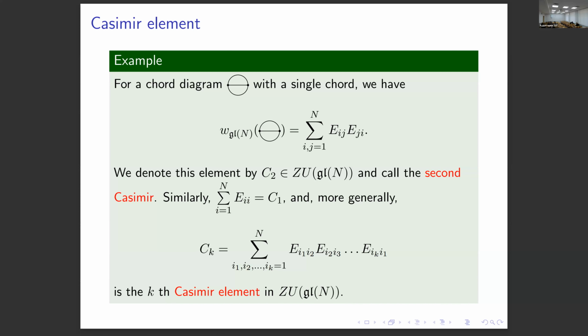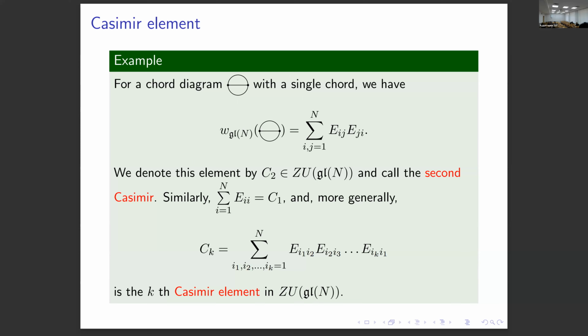And I should say that here the product is the tensor product, or the product in the universal enveloping algebra, not just the product of matrices. I just do not use the tensor product mark here. So it is in the universal enveloping algebra, which means you cannot actually multiply these two matrices.